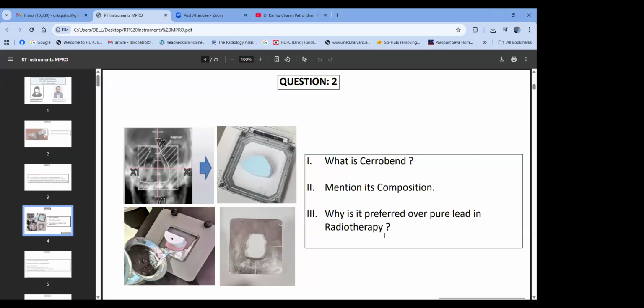Okay. So what are the issues or problems with Cerrobend? What are the other names of Cerrobend and what are the issues with it? Cerrobend is also called Lipowitz metal or Wood's metal. Wood's metal is named after the person who invented it. The main issue, sir, is the cadmium.